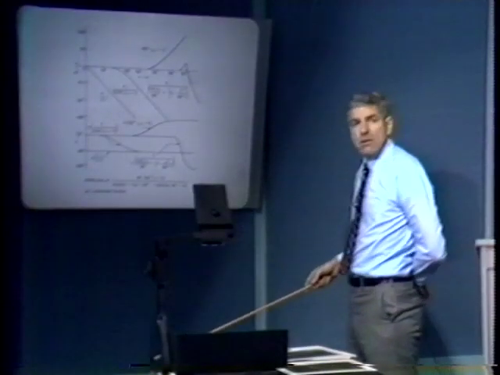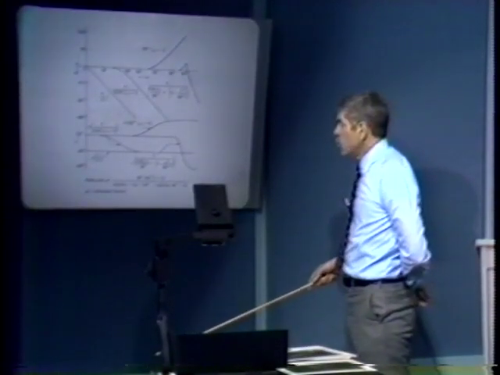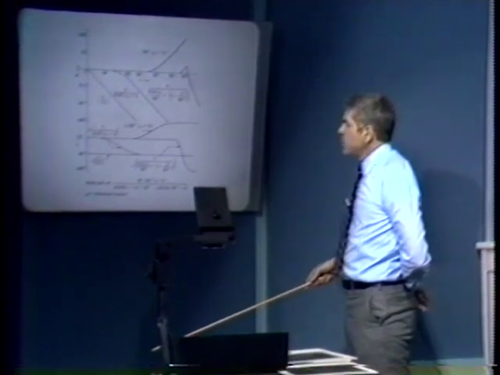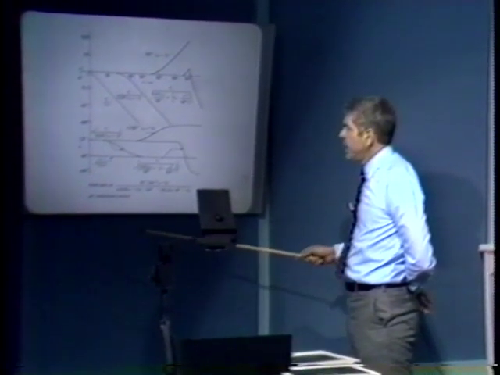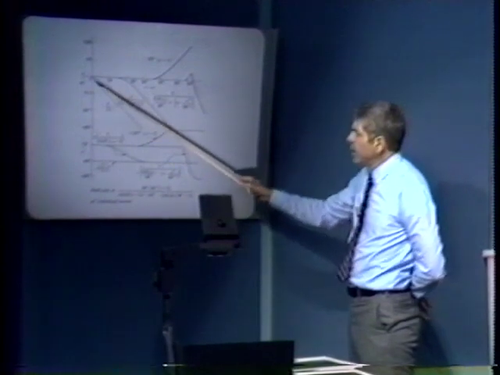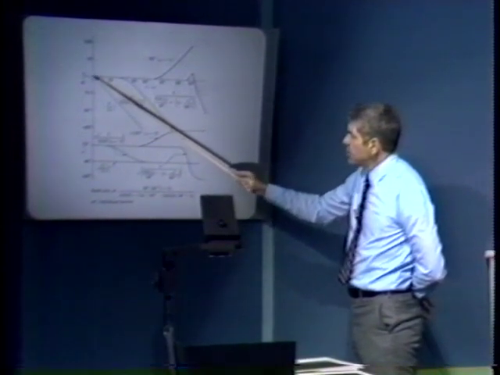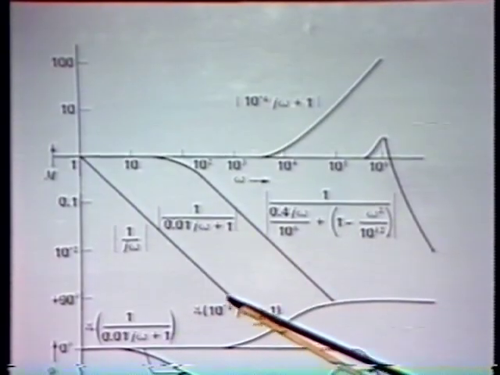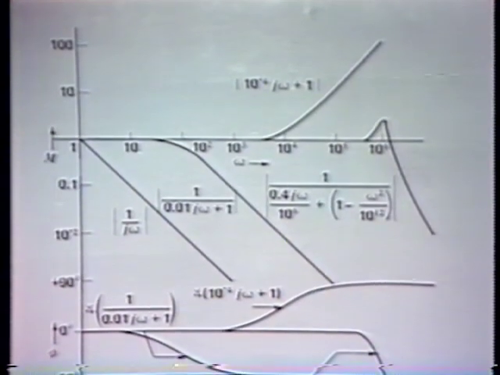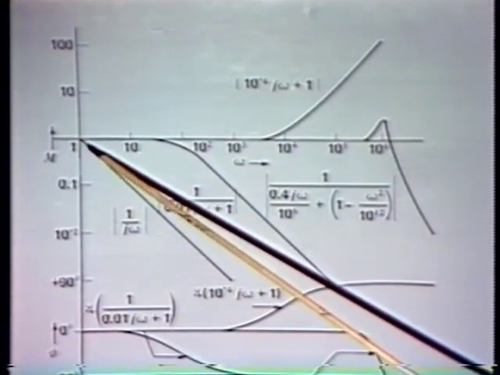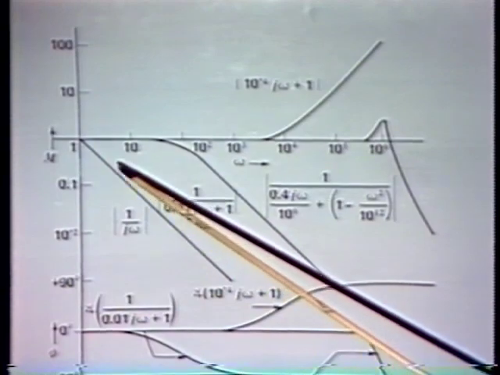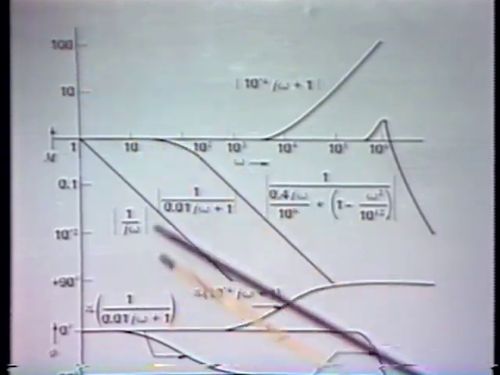And the way those terms are combined to determine an overall Bode plot is probably most simply to first plot the individual factors. Up here, I show the magnitude of the 1 over s term. We still have a factor of 10 to the 7th to take care of, but that's fairly easy. So we have the magnitude of the 1 over s term. That simply has a slope of -1 at all frequencies.